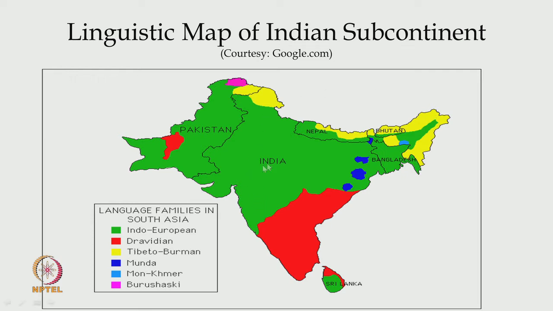Everything that you see in green is part of what is widely termed as Indo-European, and here we would like to call it Indo-Aryan, because Indo-Aryan is a smaller part of Indo-European, and all these languages spoken in these parts are Indo-Aryan languages.